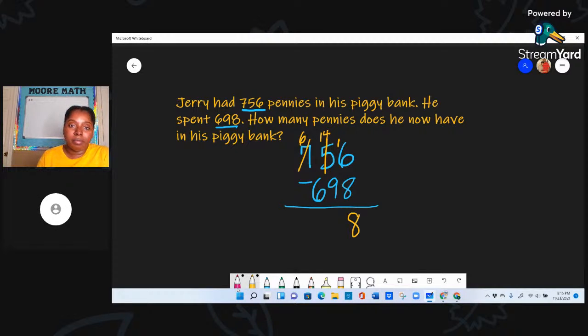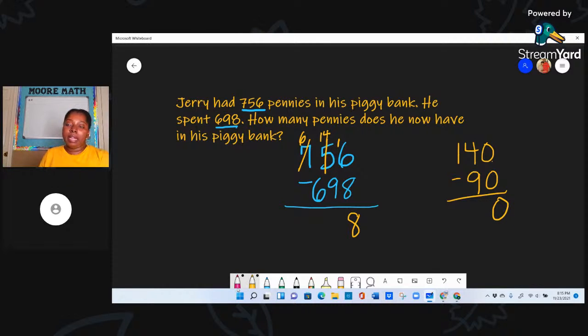And then I did 140 minus 9. 140 minus 90. Yeah, okay.